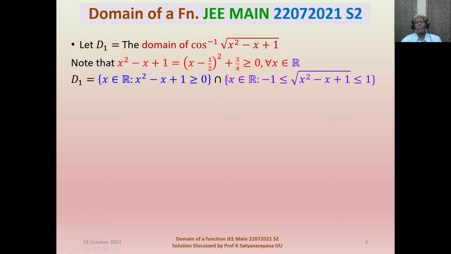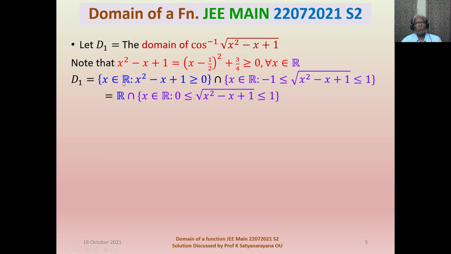Intersection, the set of x belongs to R such that minus 1 is less than or equal to under the square root of x square minus x plus 1, less than or equal to 1, because the domain of cos inverse is the closed and bounded interval minus 1 to plus 1. Now the first set is the whole of R, and the second set is to be found out.